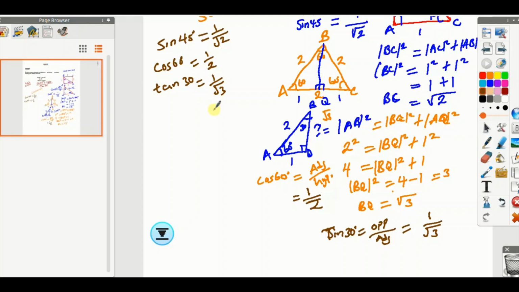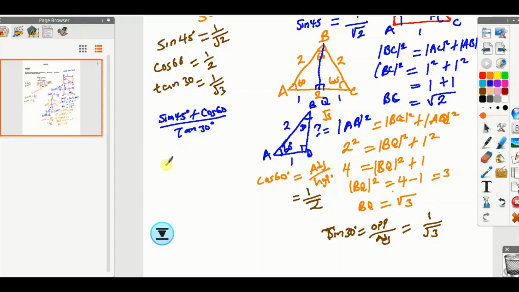Now let's substitute these values into it. The question that is given, our question now is sine 45 degrees plus cos 60 degrees over tan 30 degrees, right?